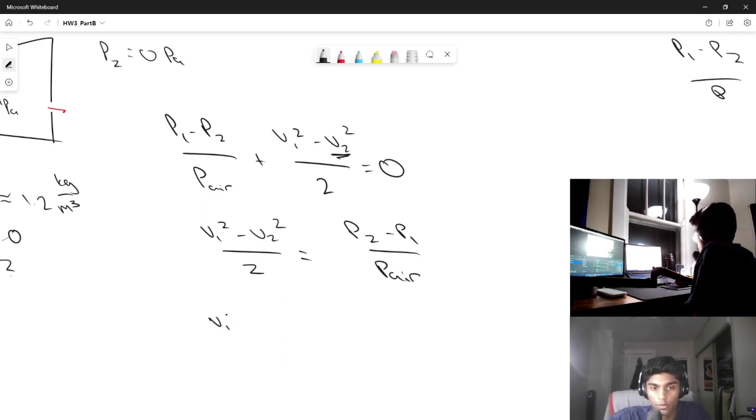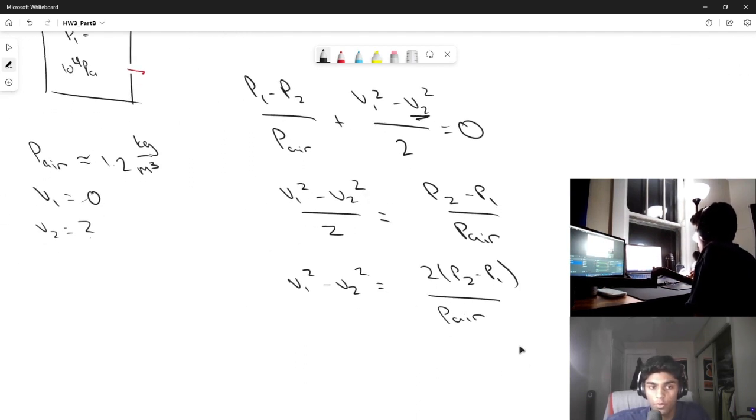So V1 squared minus V2 squared equals 2(P2 minus P1) over density of air. Then we're going to subtract V1 squared.